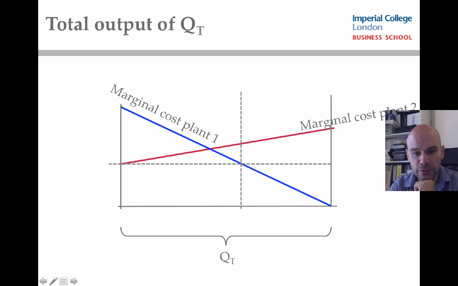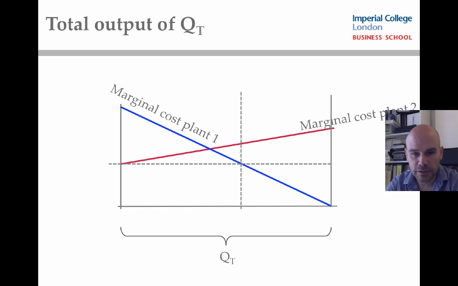And then if you go beyond this point here, we would always produce in both plants, and we would want to make sure that in either plant the marginal cost is the same. In particular, we would end up at this point here where they both intersect. What is the interesting thing about this point?